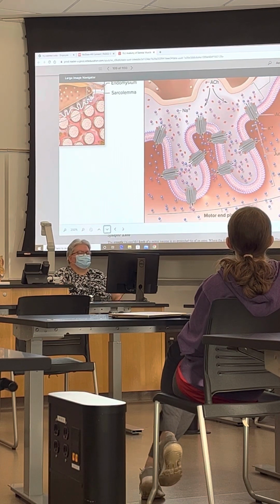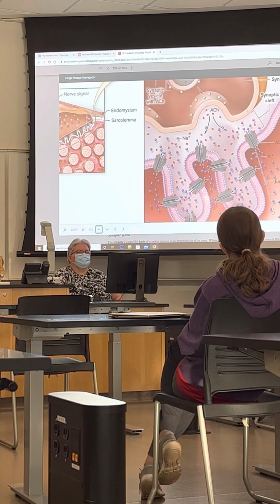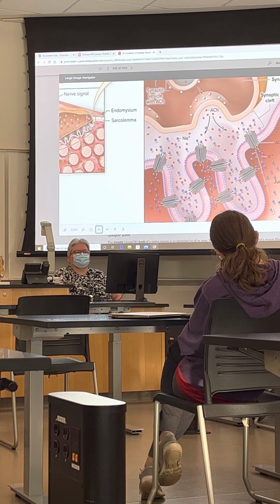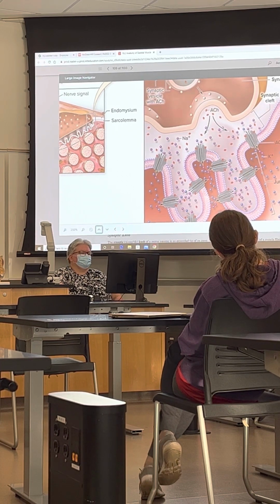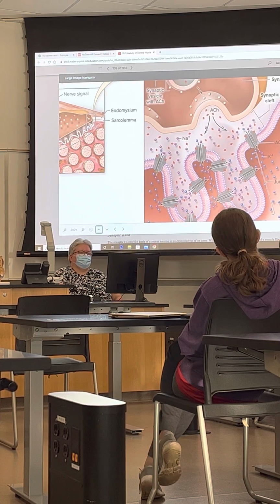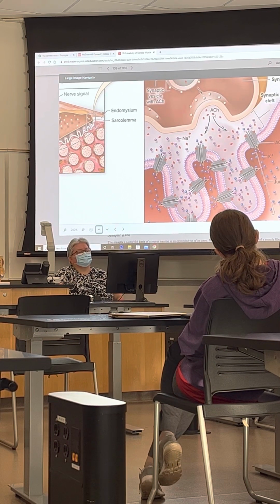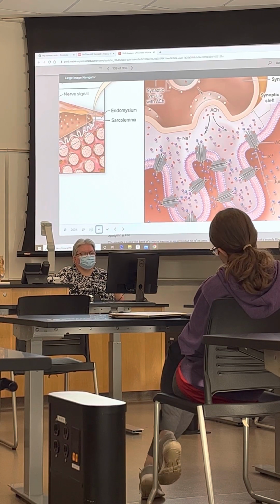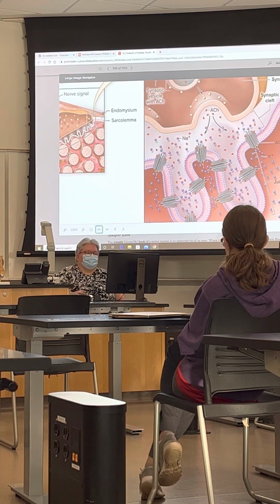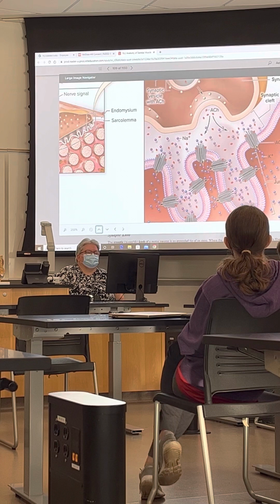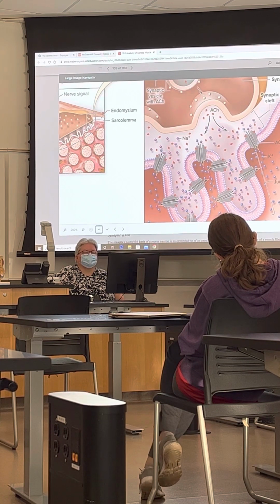Now notice there are only acetylcholine receptors around the axon terminal. There are no acetylcholine receptors over here. We call the place where the acetylcholine receptors are the motor end plate, because the acetylcholine is going to be released from the motor neuron and attach to the receptors there, and that's where the acetylcholine is going to have its effect on the muscle cell.